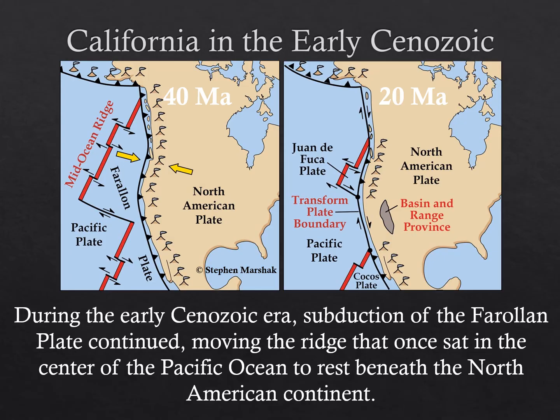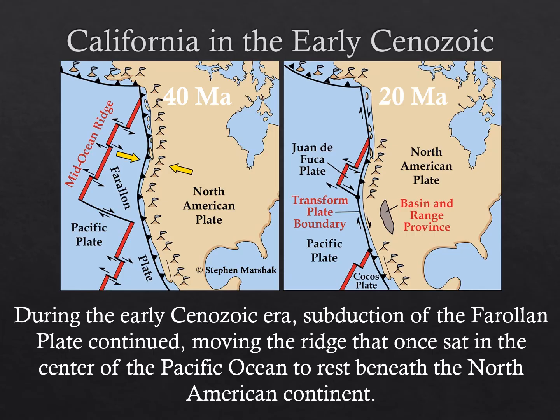So on these diagrams by Stephen Marshak, you can see that phenomenon happening. We've got the mid-ocean ridge being subducted, pulled slowly underneath the North American continent, and when that process happened to stop, there was a transform boundary, a transform fault that had been caught up in that process.